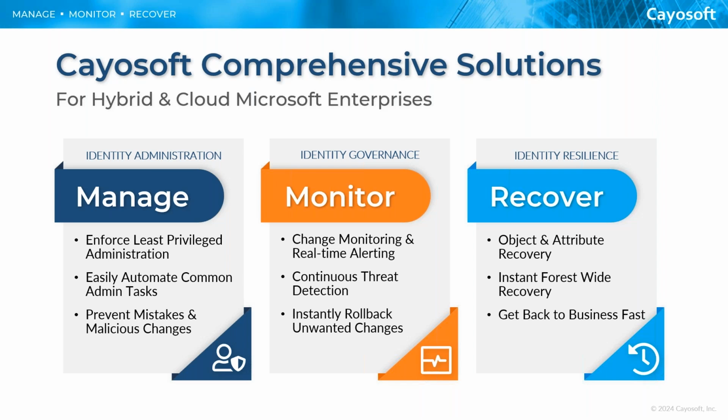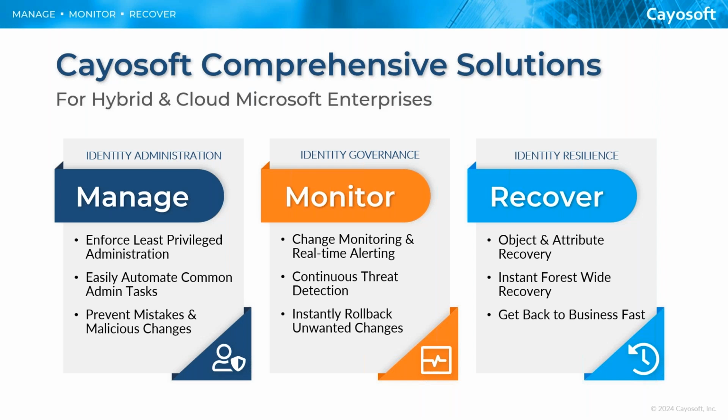KOSoft uses a combination of roles and rules and automation to prevent mistakes and changes that can spell disaster for your organization. So with monitor, we continually look for unwanted changes. They could be misconfigurations, they could be security risks, they could be internal, external threats. Any unwanted change can be instantly reversed, ensuring safety and consistency.